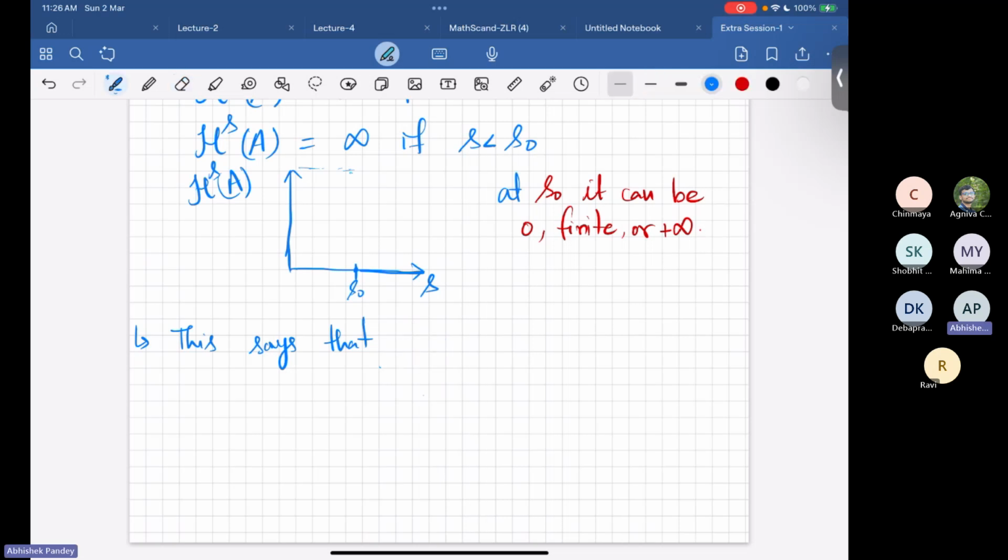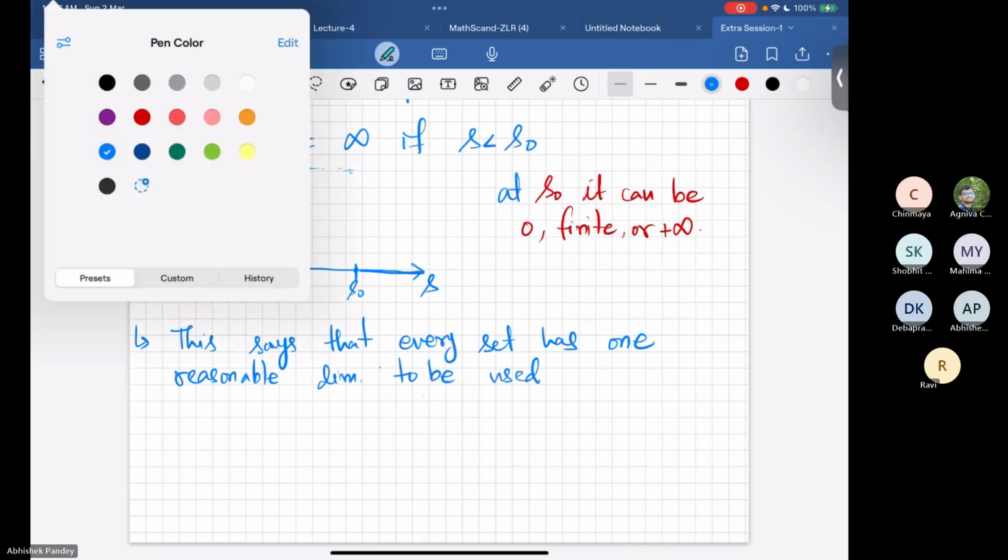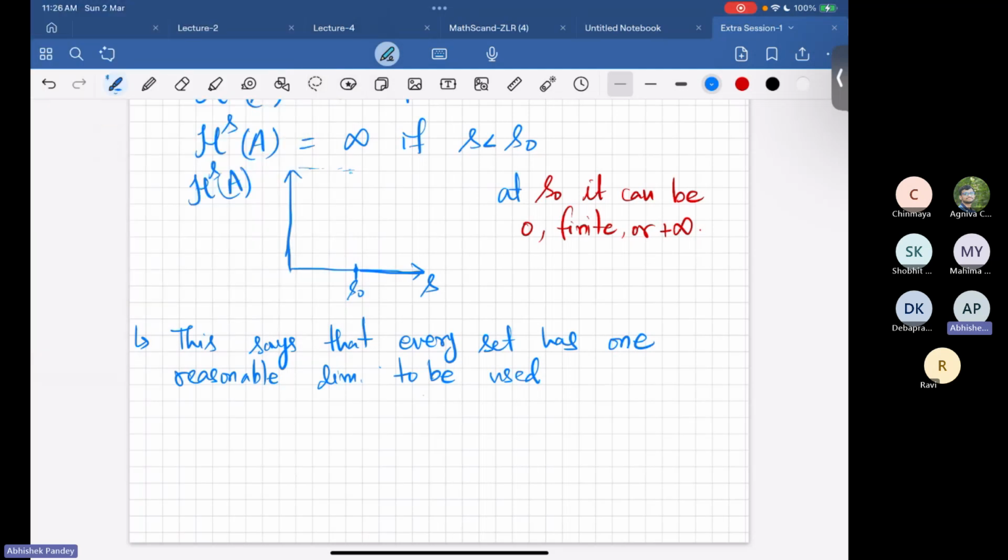This says that every set has one reasonable dimension to be used in Hausdorff measure. I will tell why this dimension word is coming here.